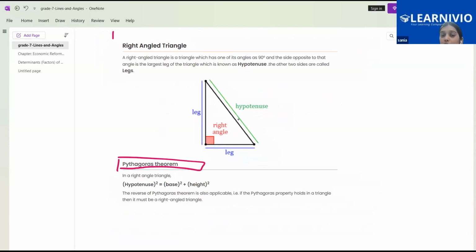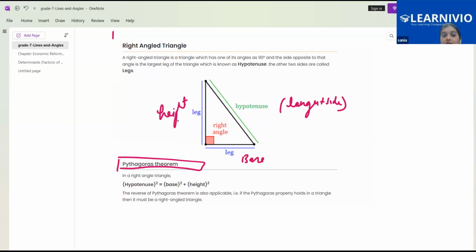Okay. So this is the longest side, which is the hypotenuse. These are the other two sides. So this is the formula: square of the longest side is going to be equal to base square plus height square, right?